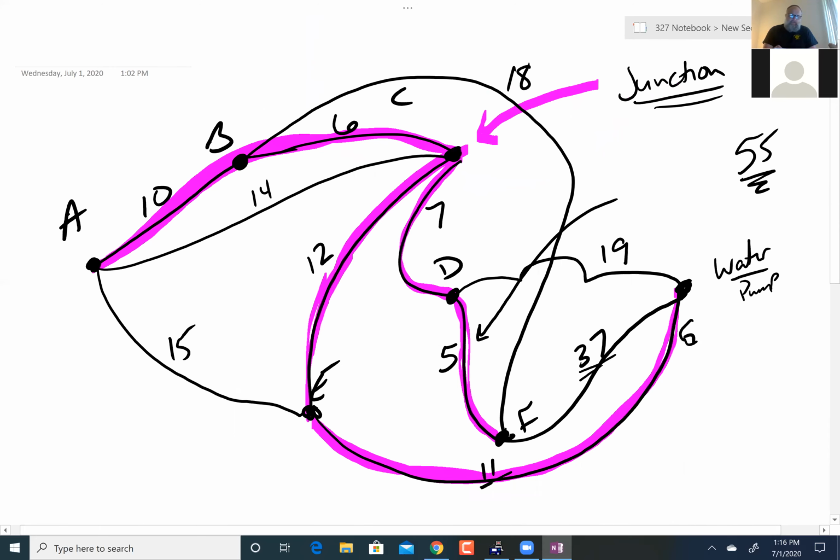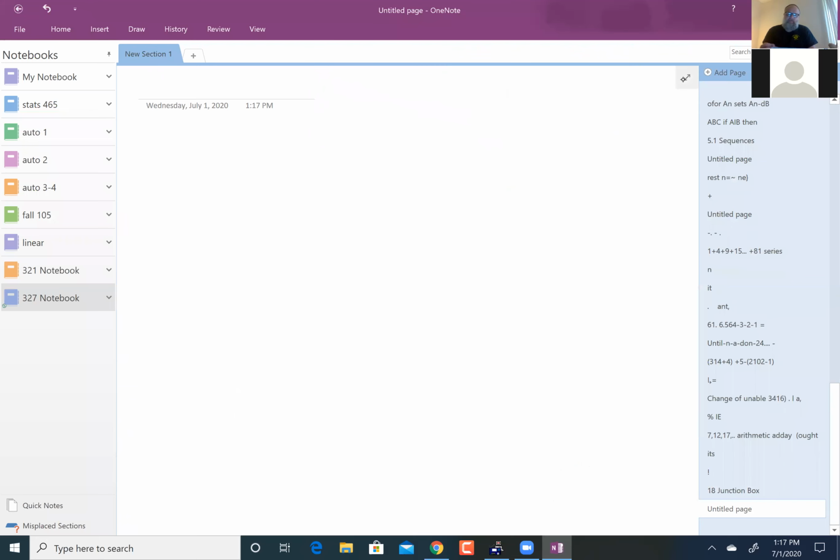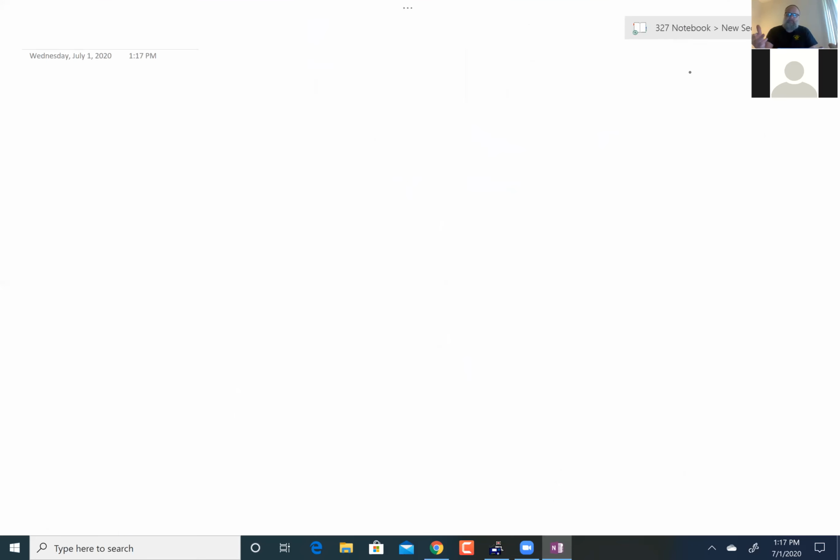Again, note the difference between these. On a test, I would ask you for examples of when I would want a tree versus when I would want a circuit, versus when I would want a Hamiltonian circuit versus an Euler circuit. And pretty much circuits is all I'm going to talk about when it comes to circuits, paths, and that sort of thing, because circuits is what it's all about. Like Hamiltonian circuits, we talked a little bit about those.